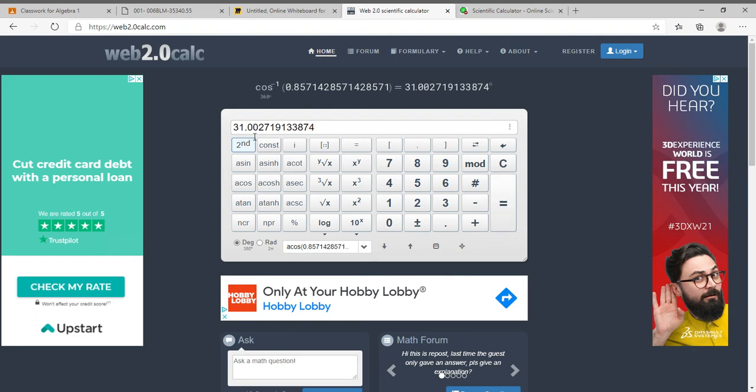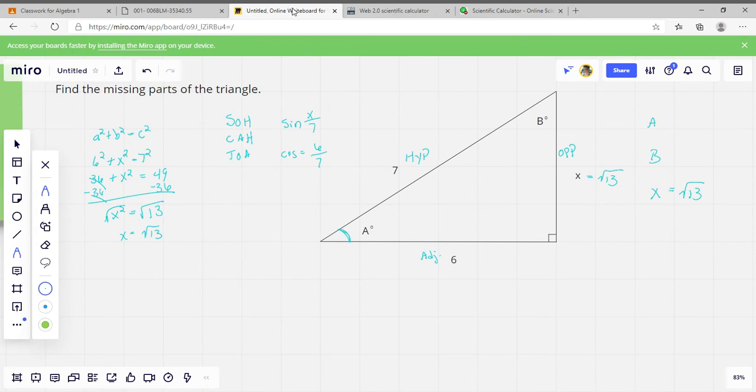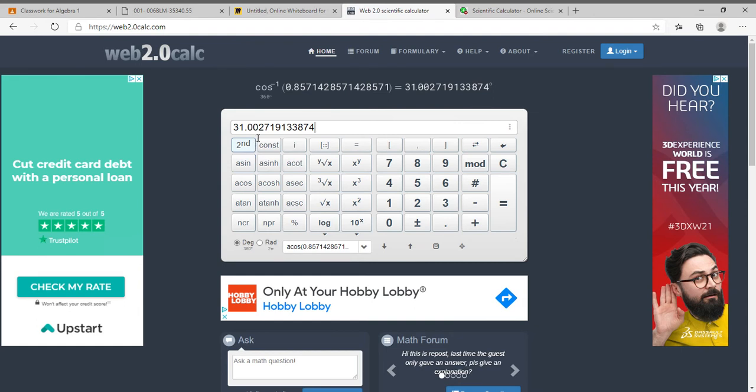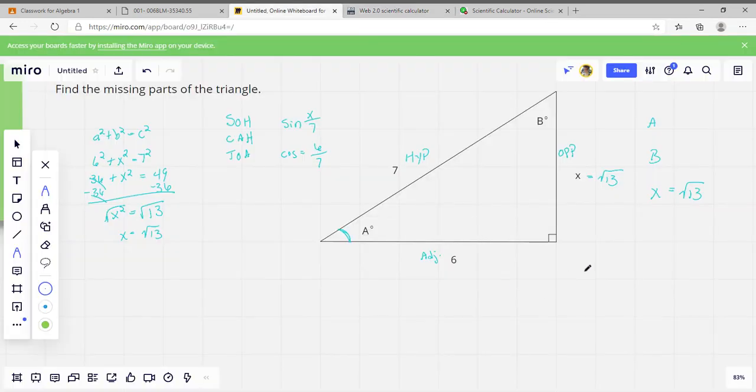And that's 31 degrees. So that tells us that it's 31 degrees. If we want to round to that decimal point there, yeah, it would be 31 degrees. So A equals 31 degrees.